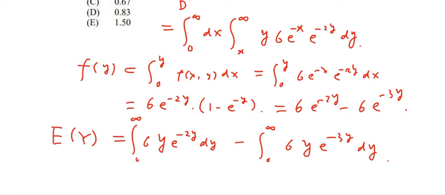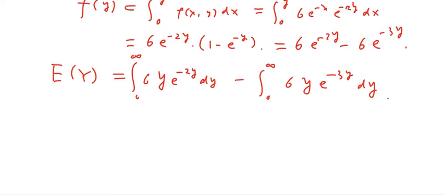So for this integration, we need a double integration. This double integration takes too much time. So for this exponential distribution, we need to know this. Let's say the density function is lambda e^(-lambda x), right?